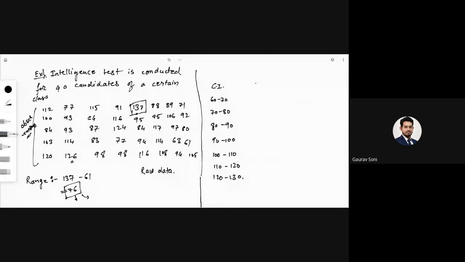So I'll tally this, with tally marks. So 112, it will come into this interval. Then 77, it will come into this. Then 115, in this interval.